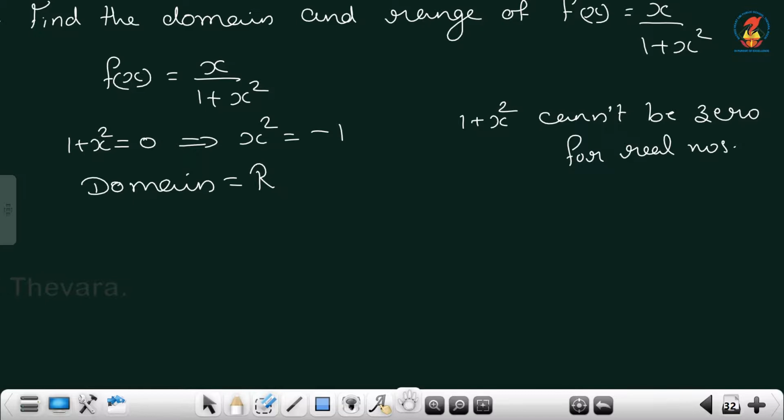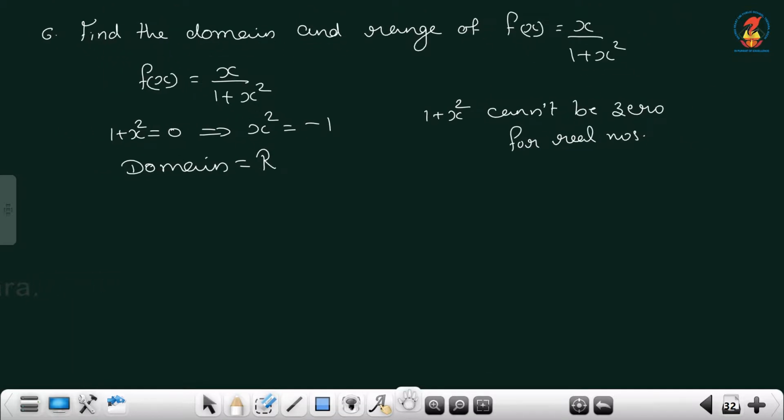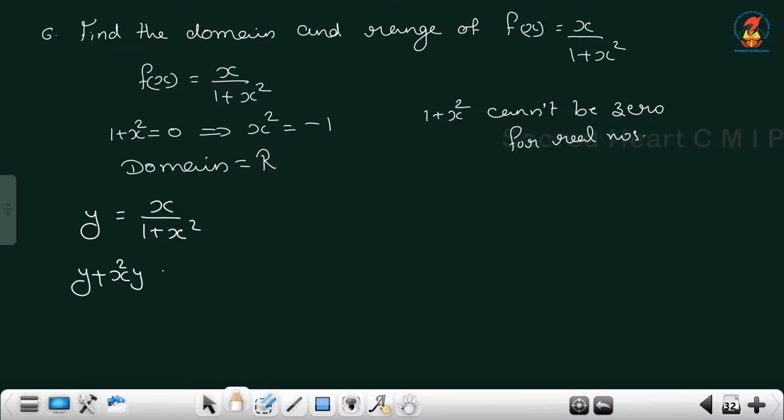Now, what about the range? For finding the range, put y is equal to x by 1 plus x square, cross multiply: y plus y x square is equal to x, or we can write y x square minus x plus y is equal to 0. Is it a quadratic equation?